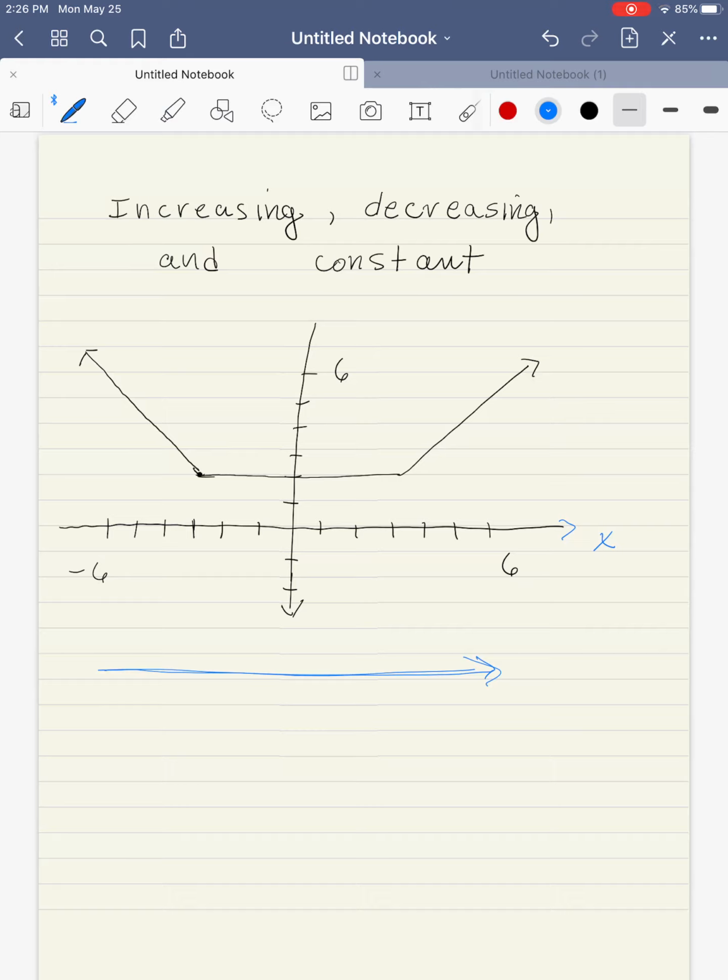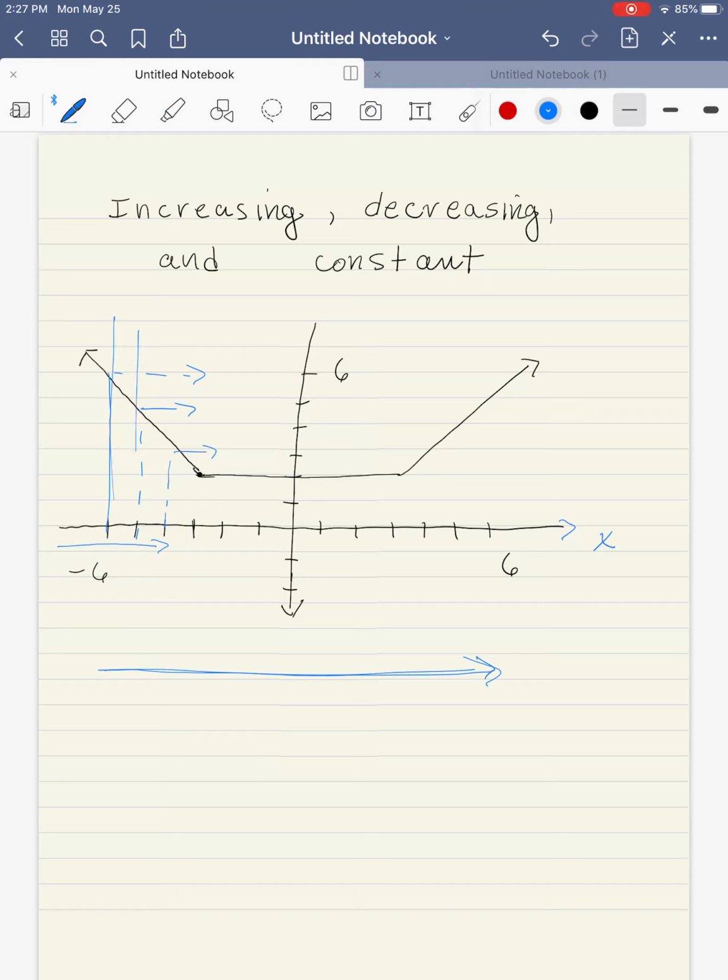If I'm looking at this piece of the graph over here on the left, as x equals negative 6, what is y? As x equals negative 5, what is y? As x equals negative 4, what is y? We're saying, what is y doing as x is going from left to right?